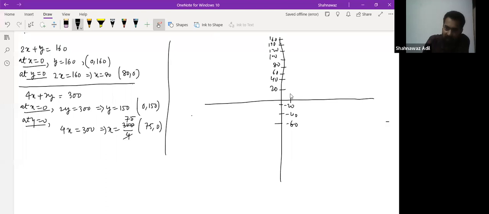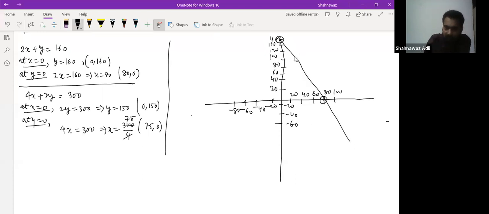Similarly for x, which goes up to 80: 20, 40, 60, 80 and minus 20, minus 40, minus 60, minus 80. So the first point is 0, 160, and this is here. The second point is 80, 0, so this is here. So this is the line.